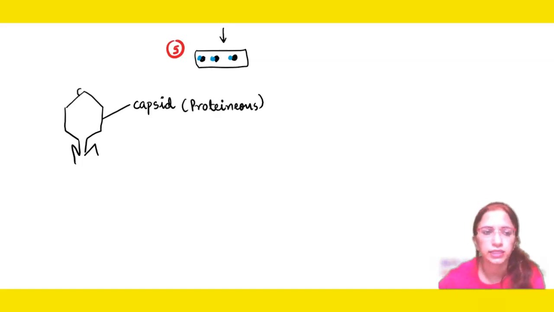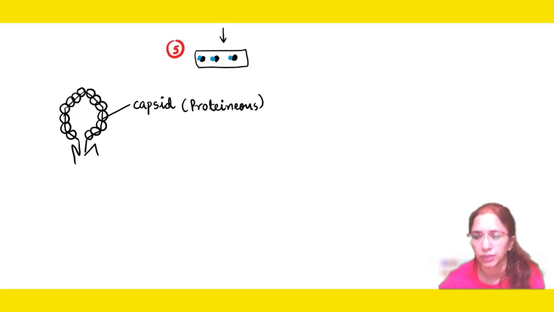So the capsid is a layer made up of a number of capsomeres. These round structures I am drawing right now are actually the monomers called capsomeres. You can see that many capsomeres are assembling together, and they are forming the capsid, which is a proteinous layer.